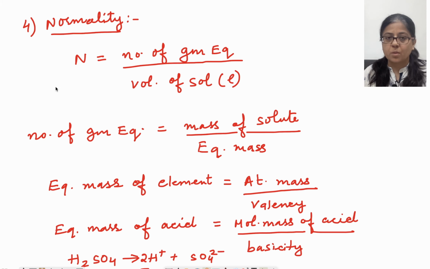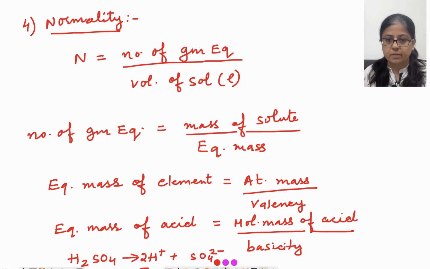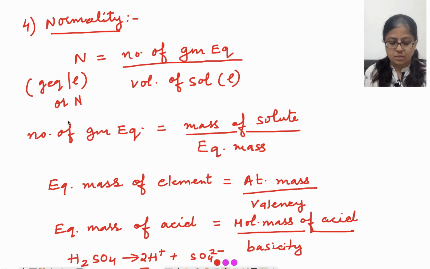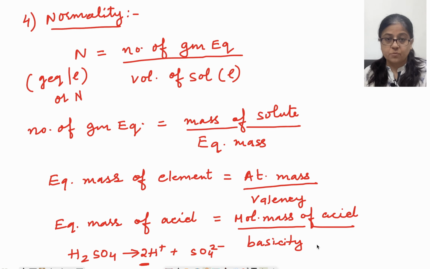So the unit of normality will be gram equivalent per liter, or simply capital N. So this is the question that we can solve for normality.